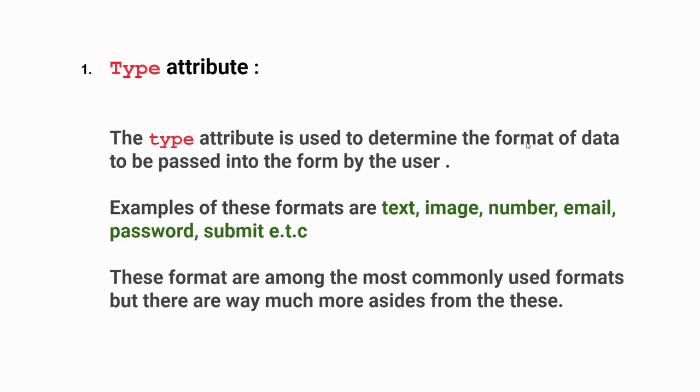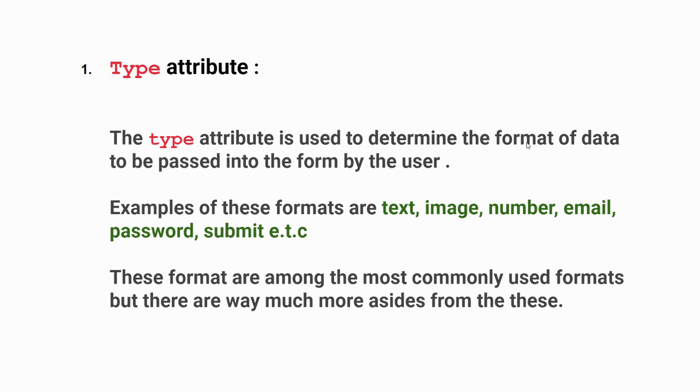It could be a text, a video, a music, an image, a number, a button, emails, all of that. So this attribute tells the input what it actually is.